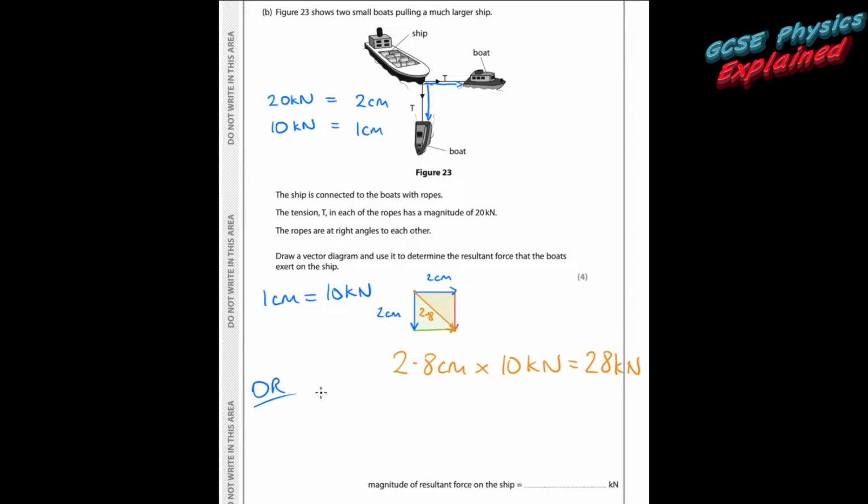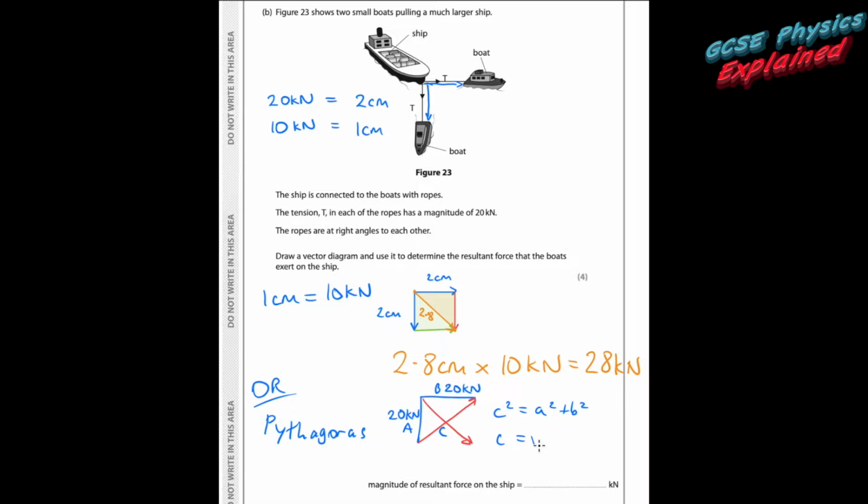Or you could use Pythagoras' theorem. That's 20 kilonewtons, and that's 20 kilonewtons. And what we're basically looking for is that length. That length there would be the same as that length there. If I call that A, that would be B, and then that would be C. And obviously C squared equals A squared plus B squared.